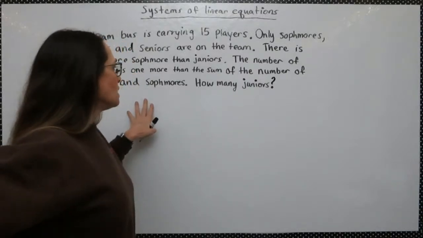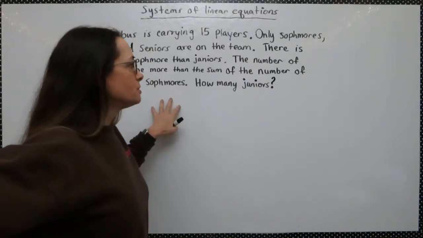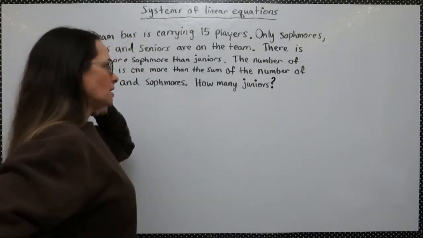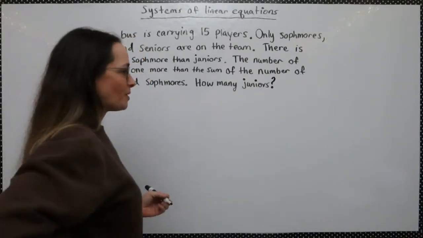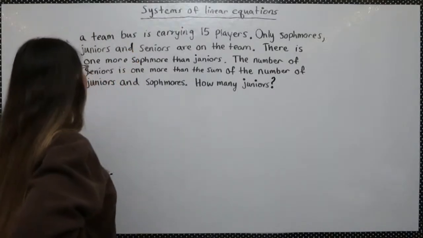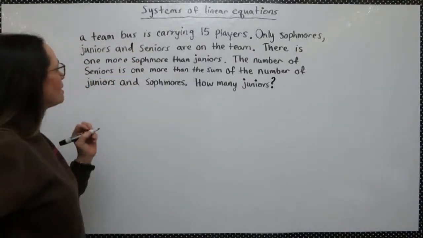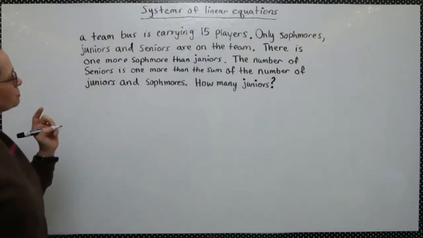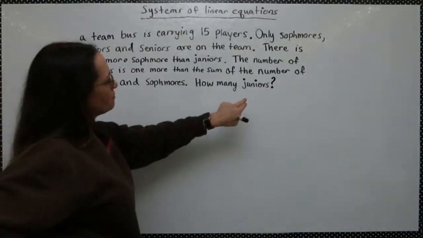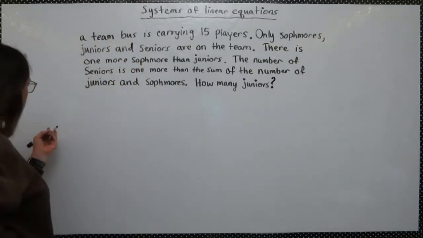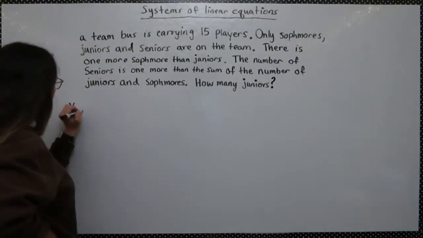So basically, I had to find all 3 variables to find the juniors. I just picked this problem out today. So anyway, all right. We have only sophomores, juniors, and seniors, and we're looking for how many juniors. So I just called variables and I said x equals sophomores.